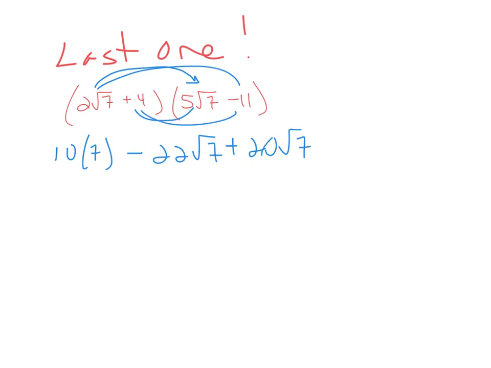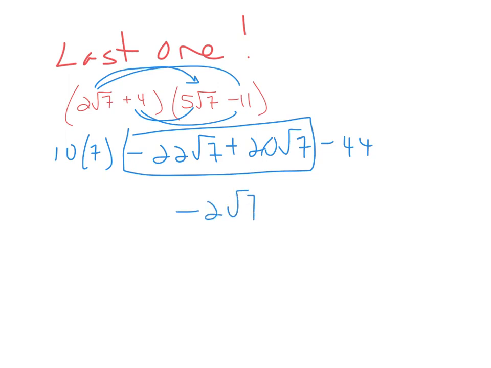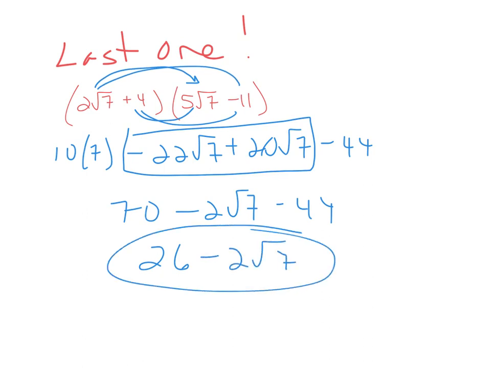And these will give me minus 44. And then I can combine my like terms. So this will give me negative 2 root 7. This will give me 70 minus 44, which will give me 26 minus 2 root 7.